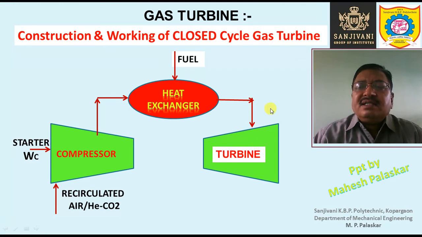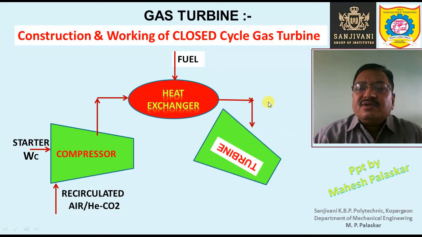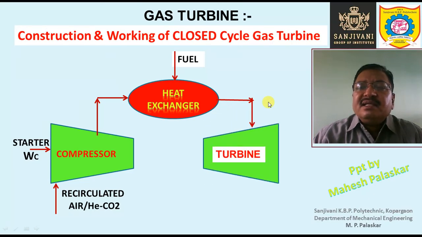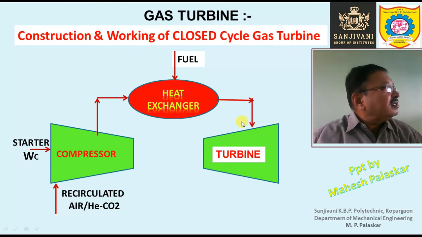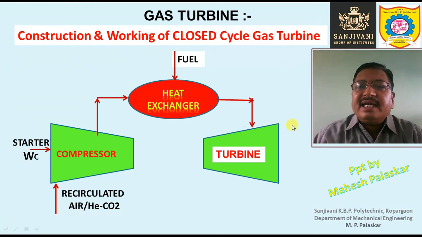So thus the rotation of the turbine will give us the mechanical work or mechanical power. The rotation of the turbine is nothing but the conversion of the pressure energy into kinetic energy, right?